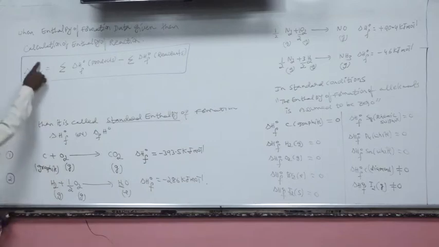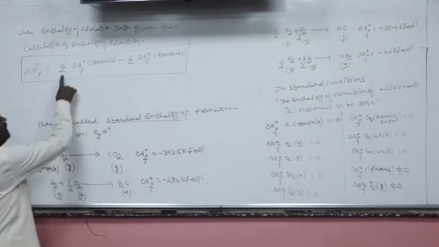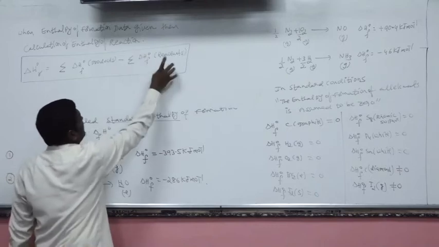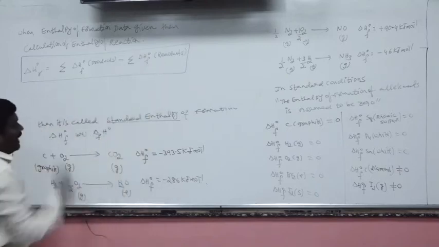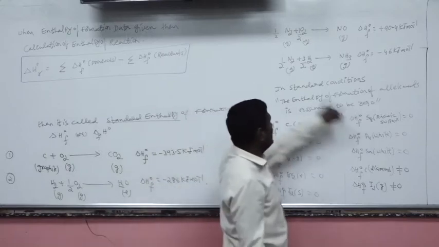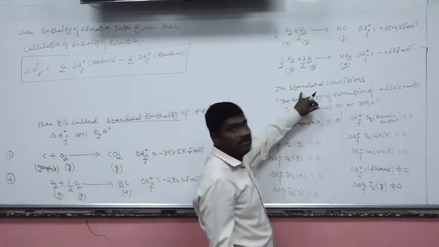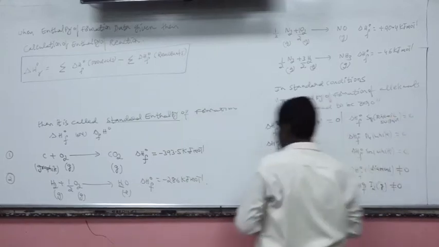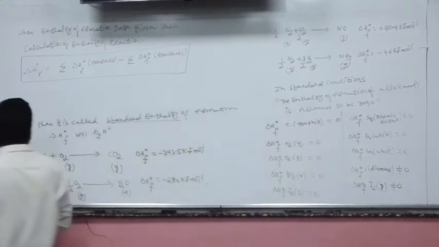The enthalpy of a reaction in the standard condition is equal to the standard enthalpy of formation of products minus the standard enthalpy of formation of the reactants, isn't it? And the standard enthalpy of formation of all elements is assumed to be zero under standard conditions. This is very important. Only for elements. Only for elements. Isn't it?